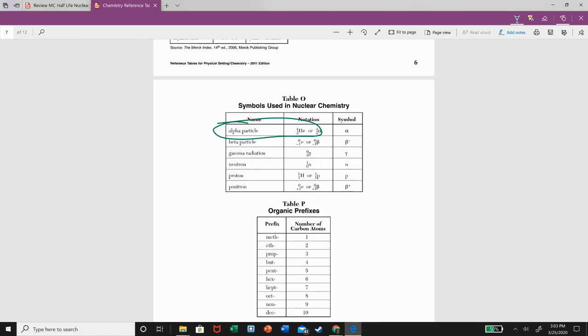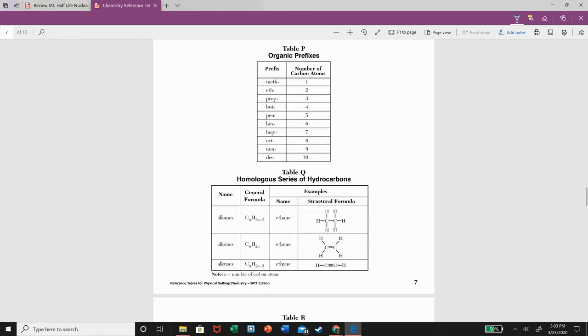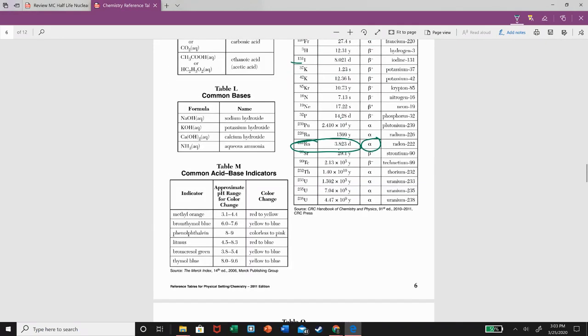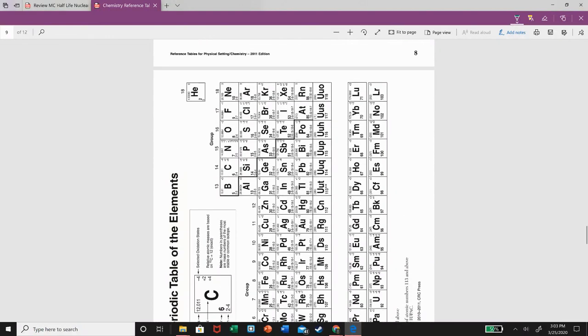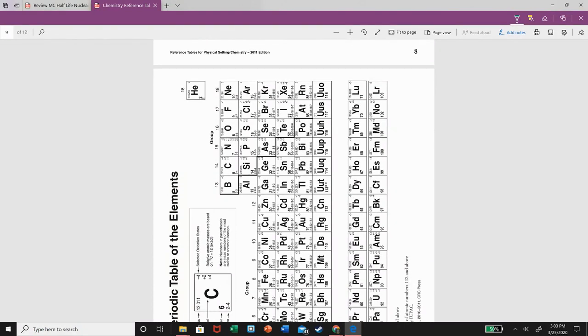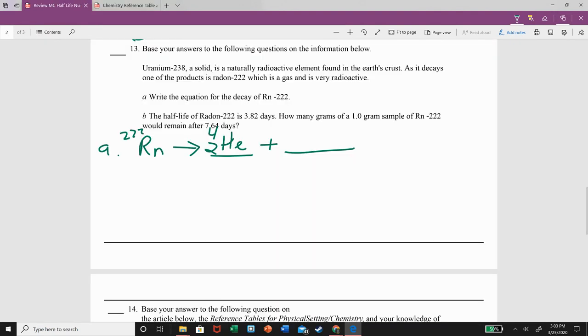First I need the atomic number of radon, which they don't give you in table N. You have to go to table O. Radon is right there, atomic number 86. So I get an 86 on the bottom. I have a 2 on this side and an 86. What number plus 2 equals 86? I'll just do 86 minus 2, so that's 84.